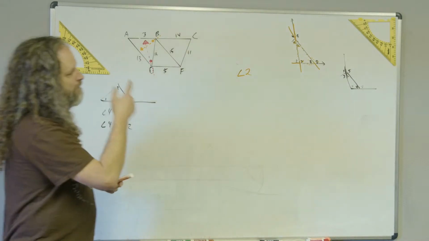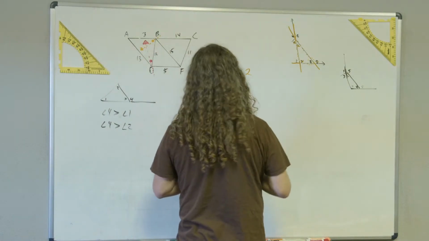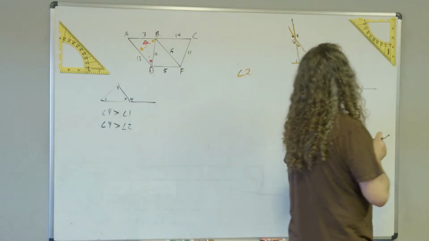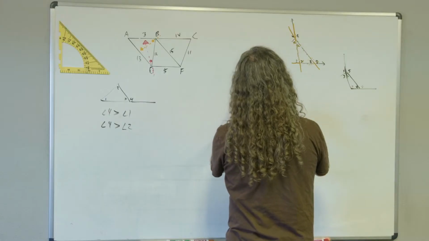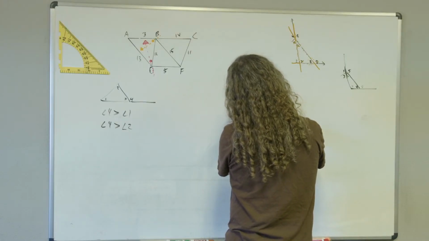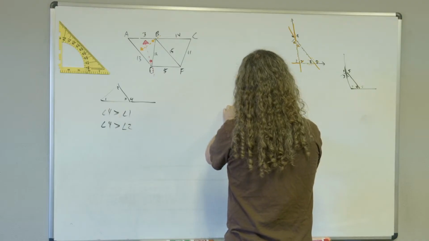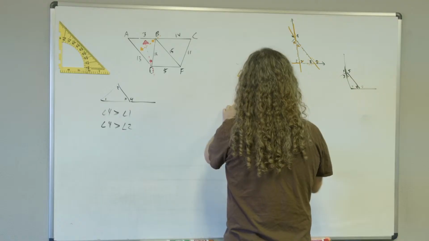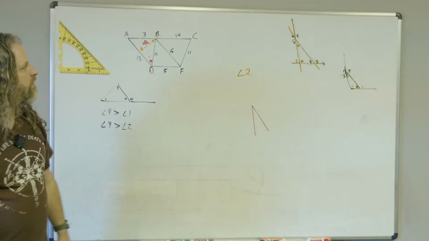Let me draw that part a little bit bigger and better. So just the top bit. I'm gonna just draw the top edge of the triangle to start. So here's the top edge of the triangle.